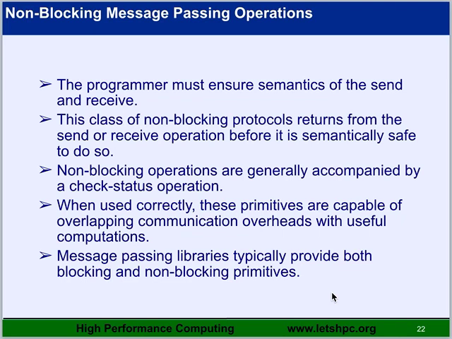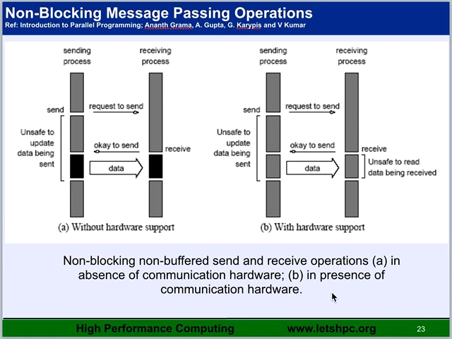in the next lecture. So if you want to understand the non-blocking message passing operation, we can understand it through this particular diagram. So what is happening here? This sending process requests the receiving process that it wants to send some data, but it so happens that the receiving process is not ready.